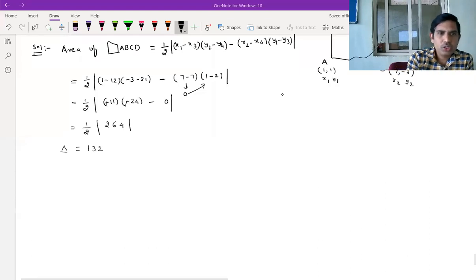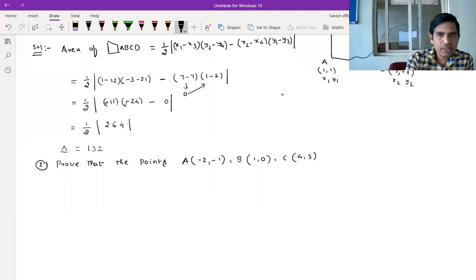Next, second question. Prove that the points A (minus 2, minus 1), B (1, 0), C (4, 3), and D (1, 2) taken in order are the vertices of a parallelogram.